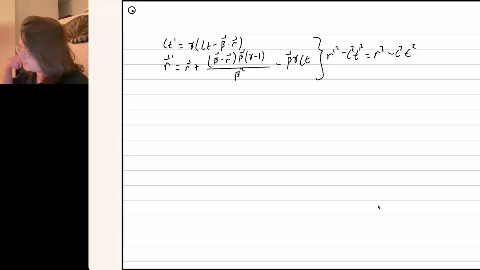So first, what you want to do is completely square the second equation.